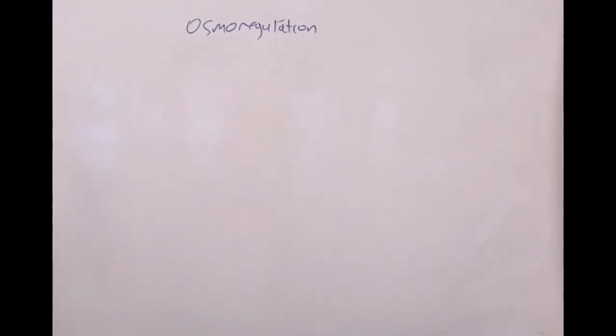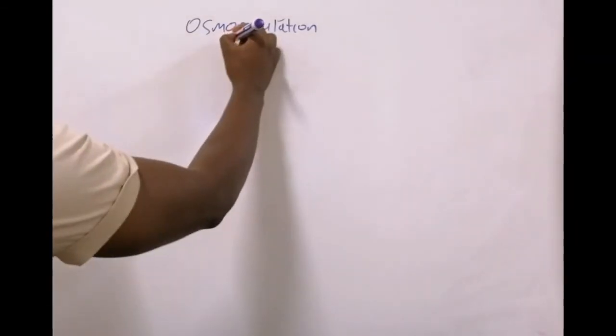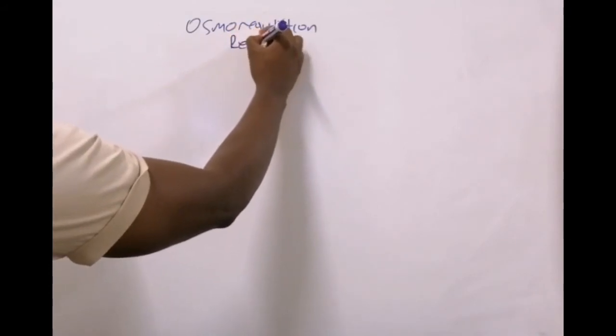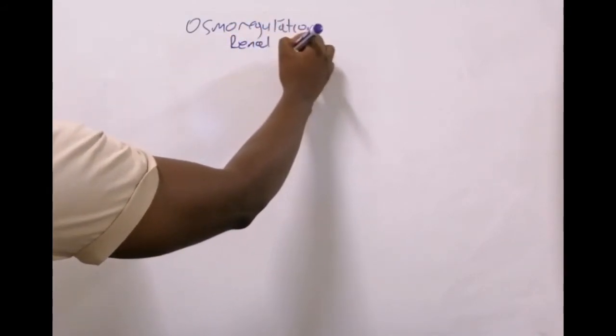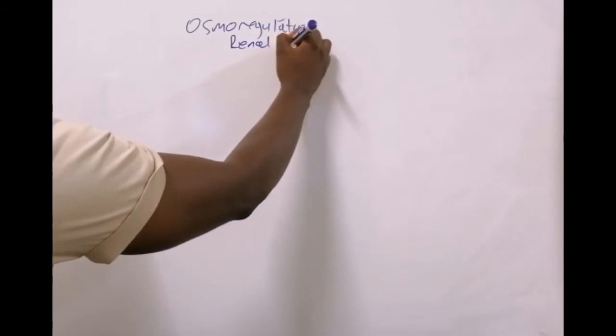Now we'll need to go back and look at the structure of the nephron for us to understand. We're going to be talking about osmoregulation as far as the renal system is involved.